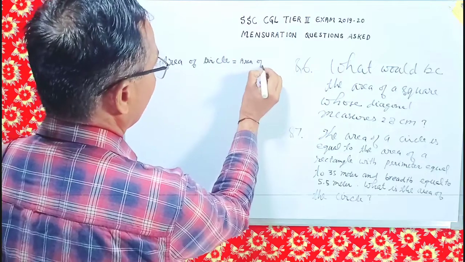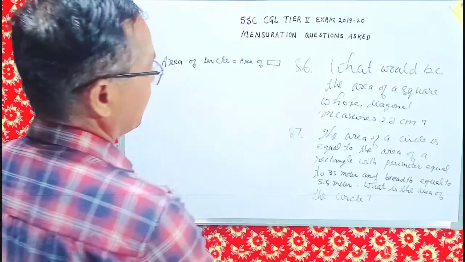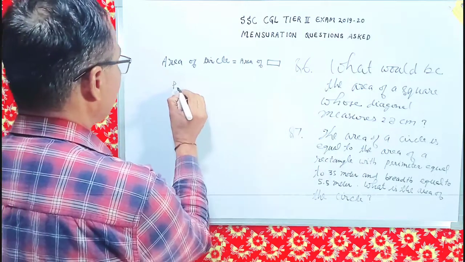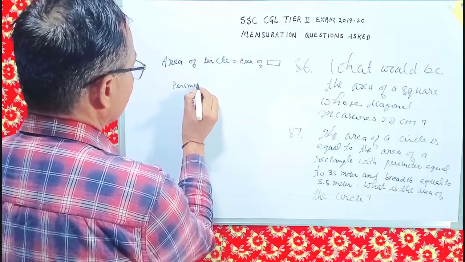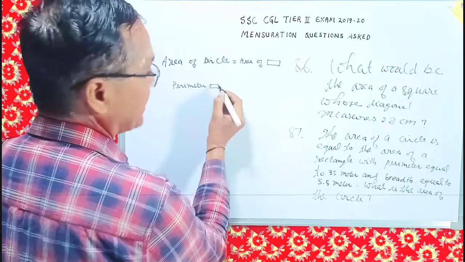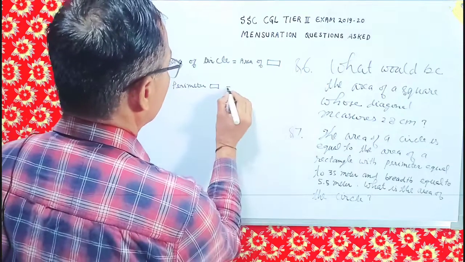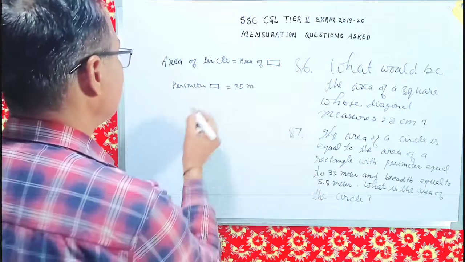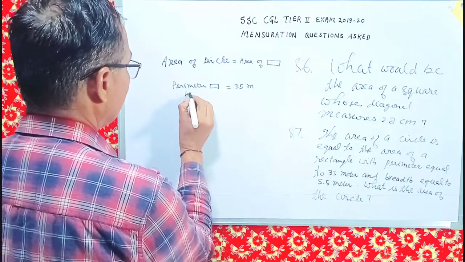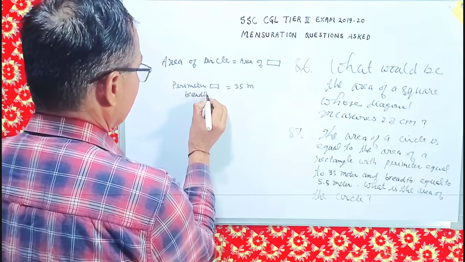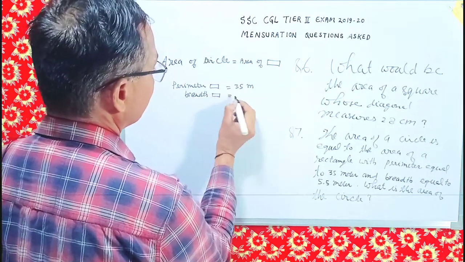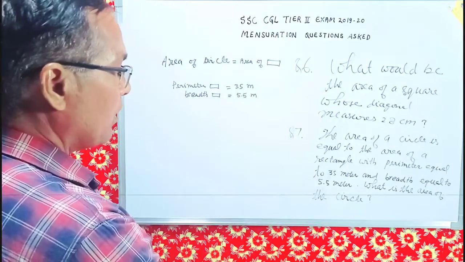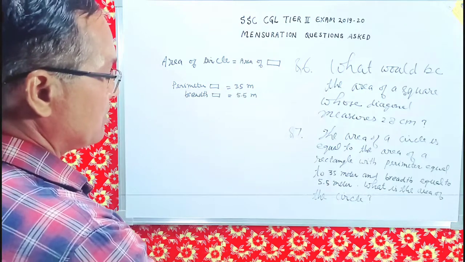The perimeter of the rectangle is given as 35 meter, and the breadth of the rectangle is 5.5 meter. What is the area of the circle?